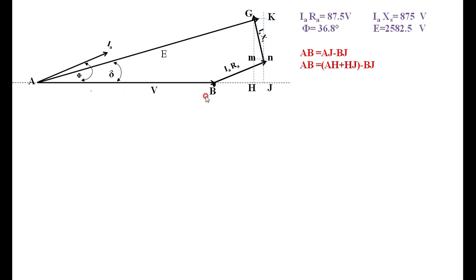This is just mathematics. AH plus HJ gives AJ, and I am keeping BJ as it is.